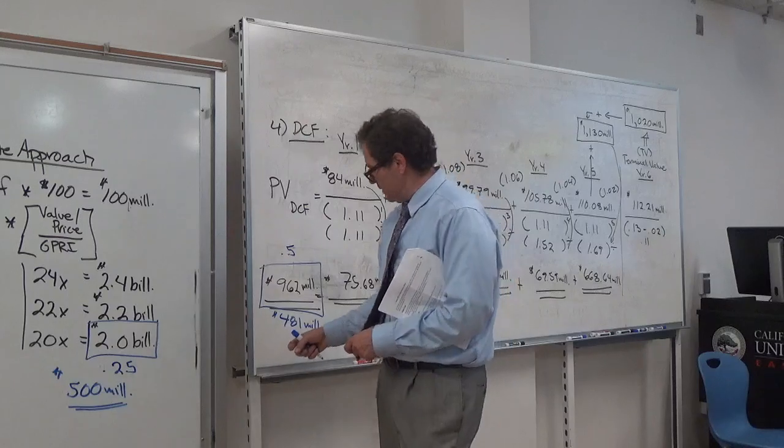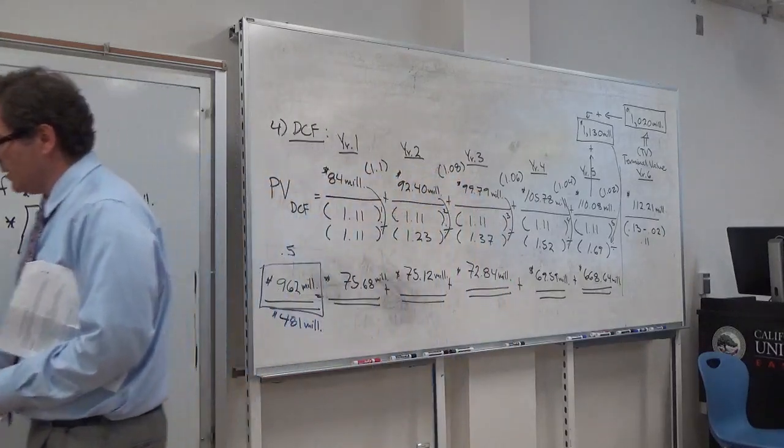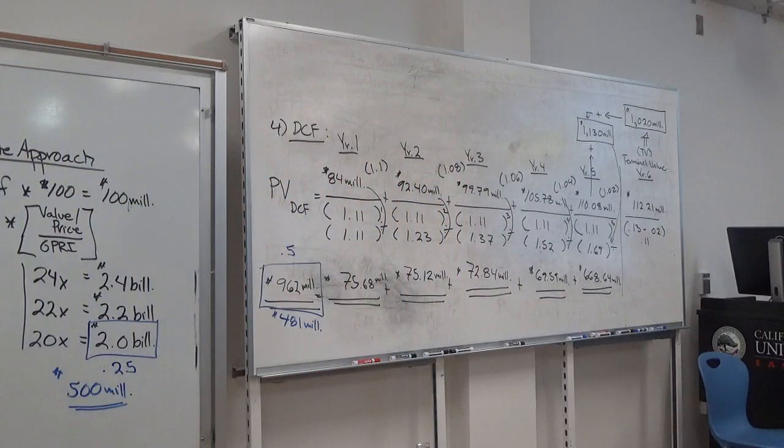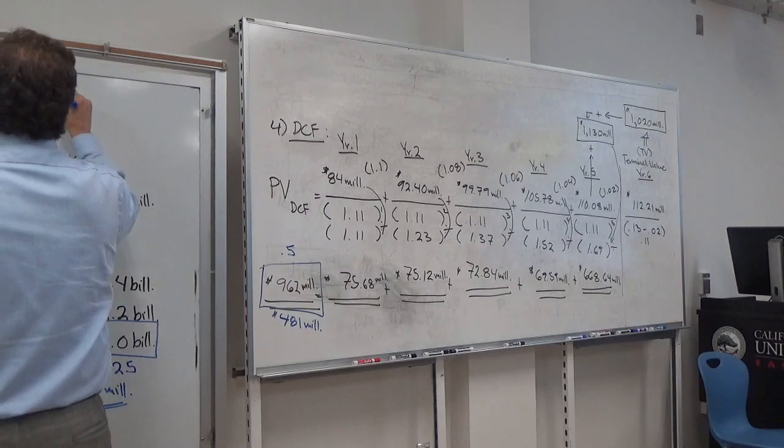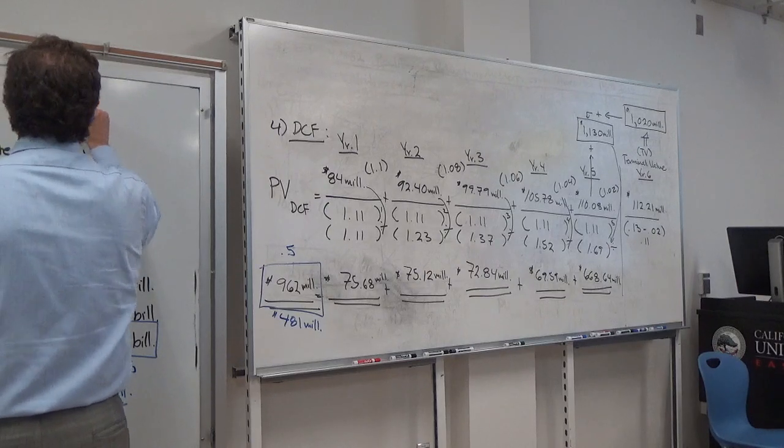What's 481 plus 500 plus 210 plus 76.4? What is it? 1,267 million or 1.3 billion.